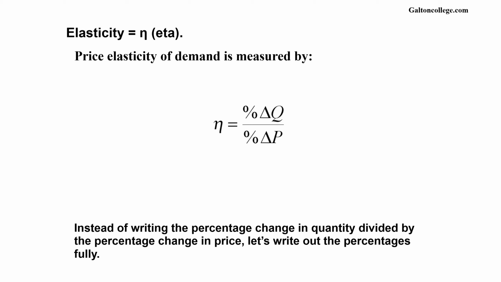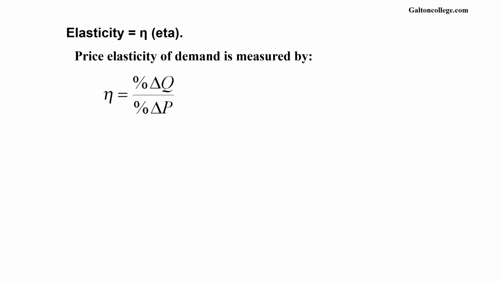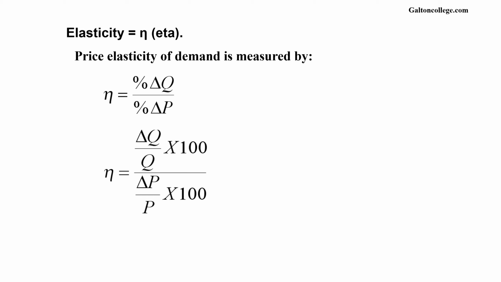So we've got the percentage change. Now, instead of writing the percentage change in quantity divided by the percentage change in price, let's write out the percentages. So we have our formula, and how we work out a percentage is we take the change in something divided by the quantity multiplied by 100.